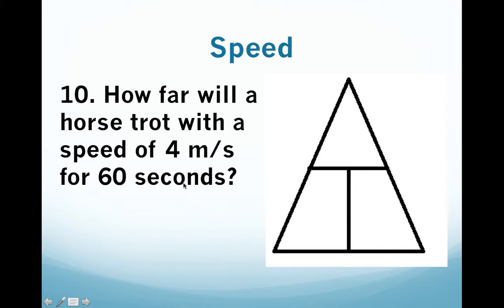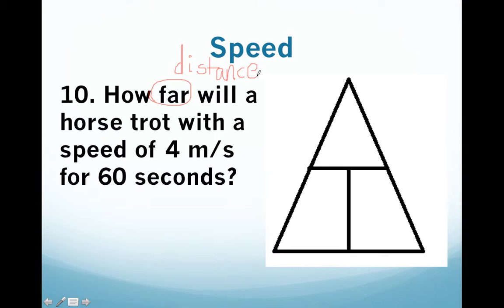All right, let's look at the next one. How far, so let me get my pen. How far. Far is dealing with distance. So we're going to solve on this one for our distance. Okay? And let me get this spelled out.